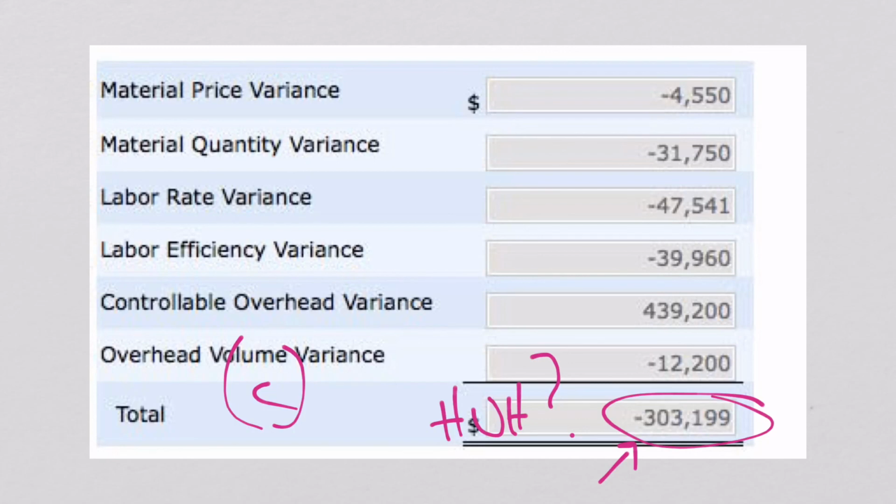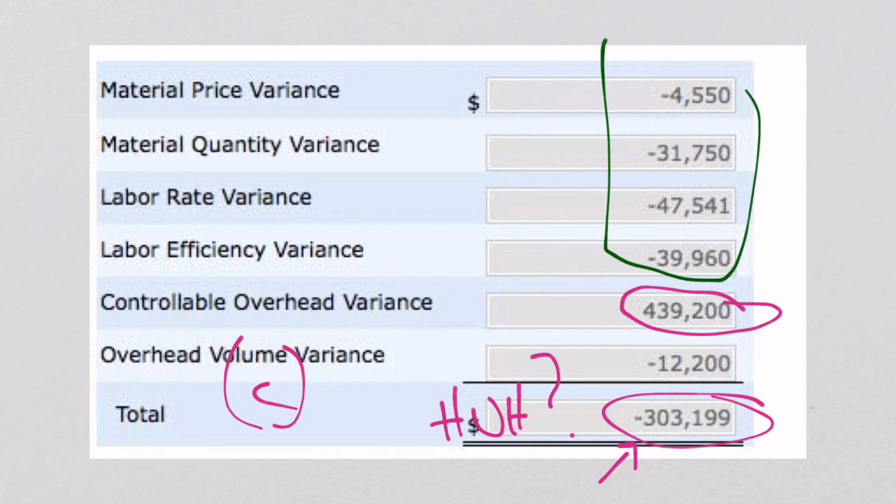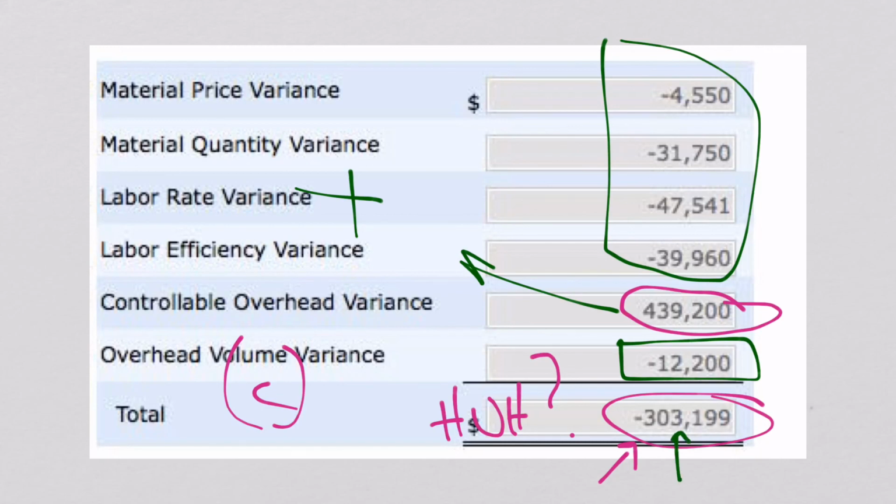But clearly, this is a favorable balance. These are unfavorable, and when you do the math, the whole thing comes out to a positive number, a favorable variance overall, and I just think it's a mistake on Wiley that this is a negative number. All right, we'll stop here, and then I'll come back and go over everything else we covered.